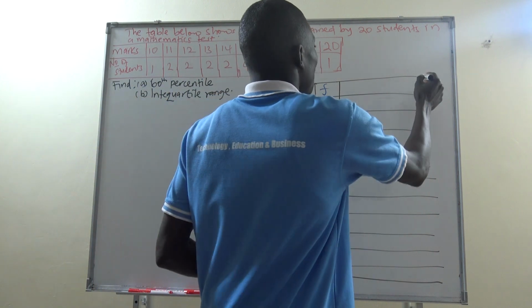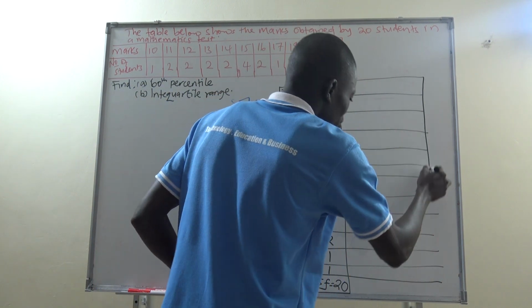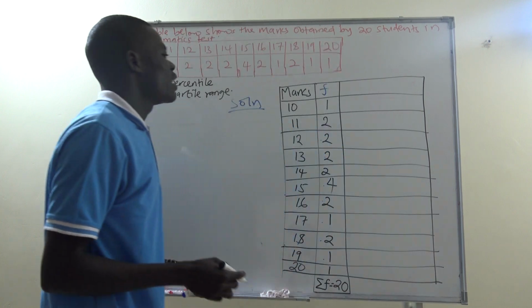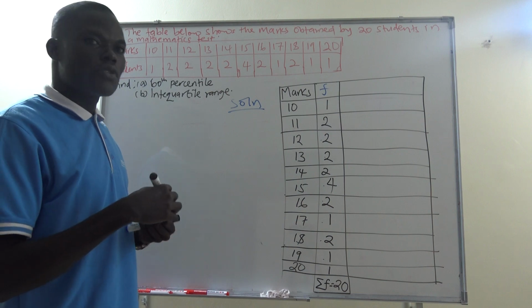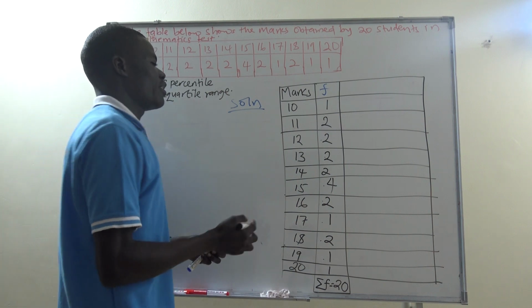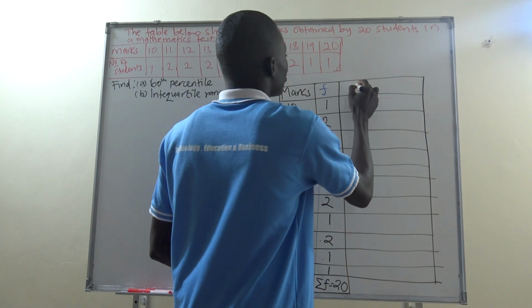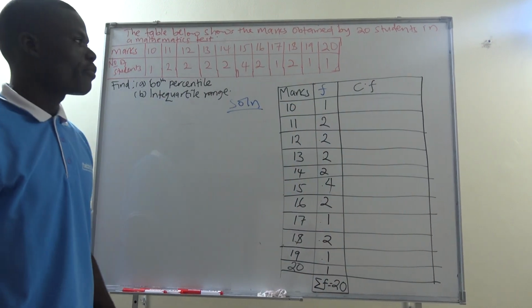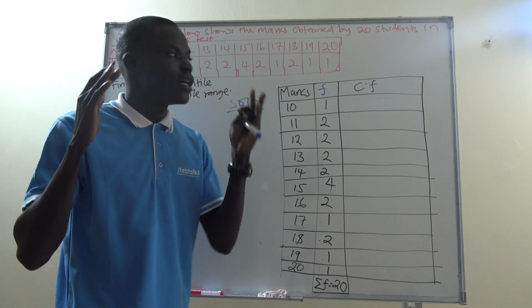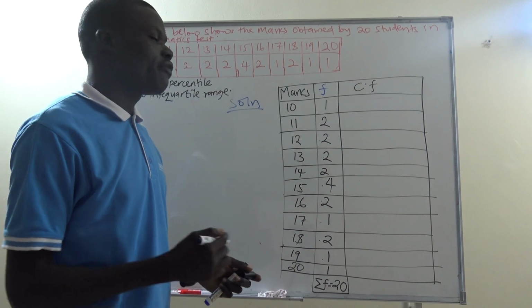So we said these values we are determining are read from the cumulative frequency. Then it becomes crucial for us to include the column for cumulative frequency. I think you still remember what we said about cumulative frequency.